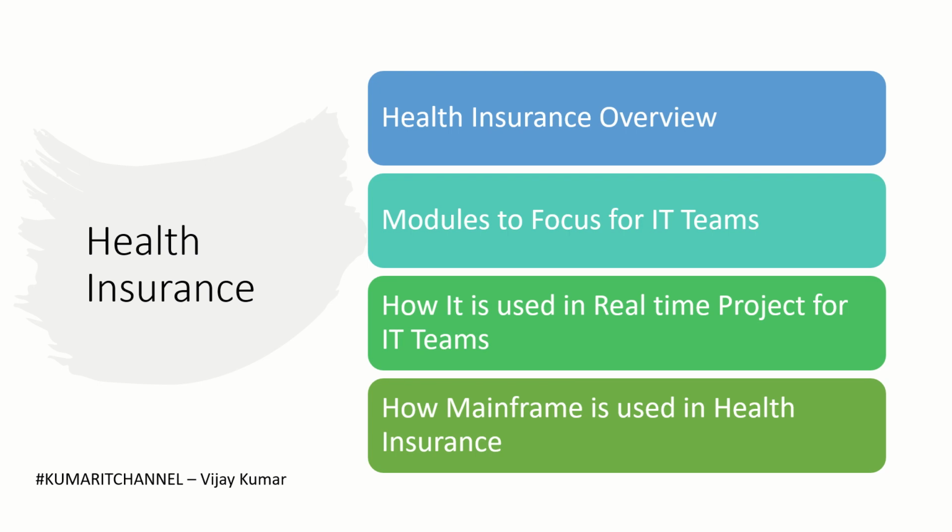Typically, individuals pay a monthly fee, which they call a premium, to their health insurance companies, and in exchange, these insurance companies agree to pay a portion of the medical cost, which can vary depending on the type of plan and the specific policy that has been chosen. Some health insurance plans require the individual to pay a certain amount out of pocket before the insurance company starts paying for medical expenses.